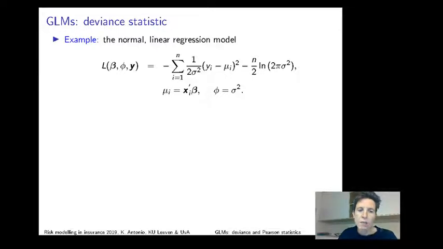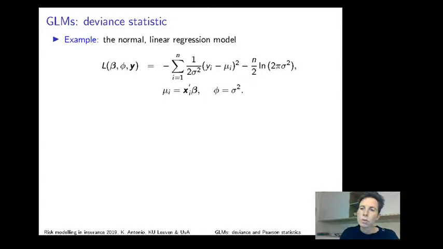Now recall that mu_i, the mean of observation i, is expressed as a vector x_i transpose times a vector beta with the regression parameters. Thus, this GLM uses the identity link function, and the dispersion parameter here equals the variance parameter sigma squared. That's what we also derived earlier on in the course.